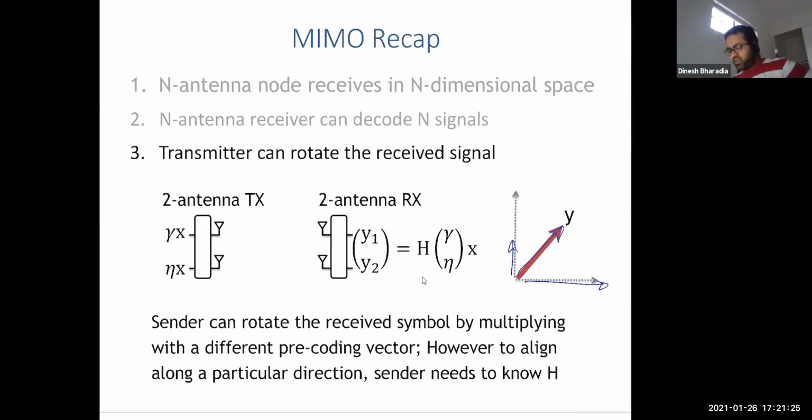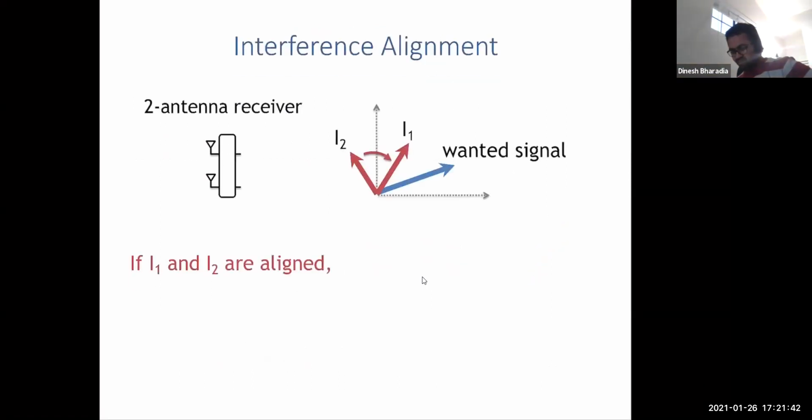So to sum it up, antenna space is not limited to receiver only. You can write transmitter or receiver, and you can rotate things by rotating in transmitter space.